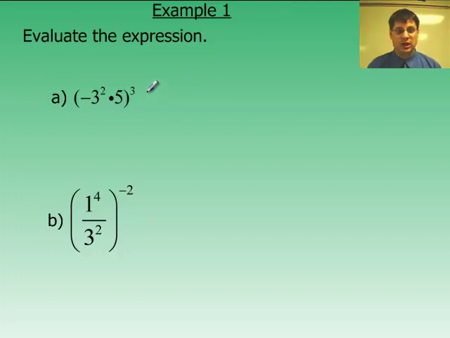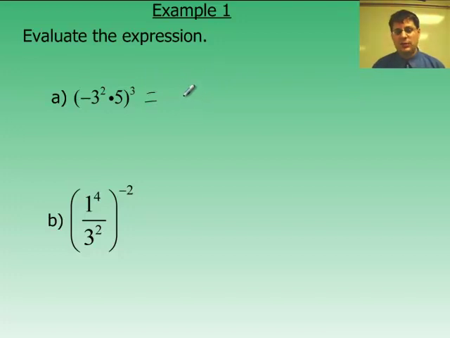So for instance, one way I could do this one: I have negative 3 squared times 5, and this whole thing is cubed. This is like saying negative 3 squared times negative 3 squared times negative 3 squared, 3 times.